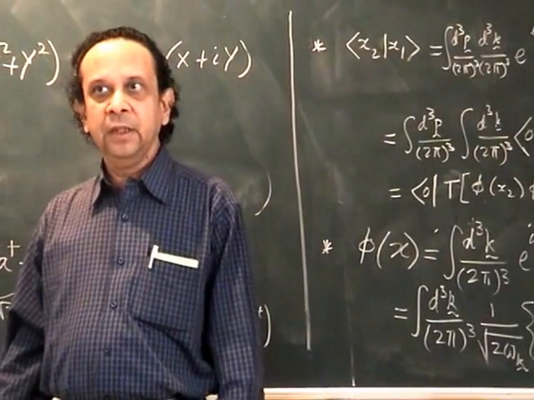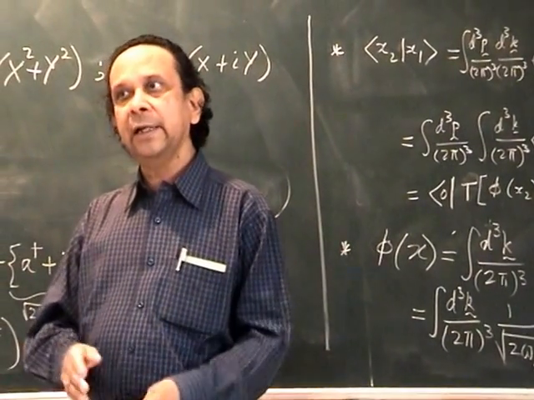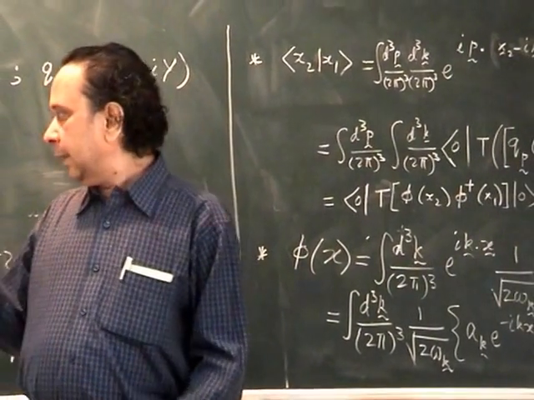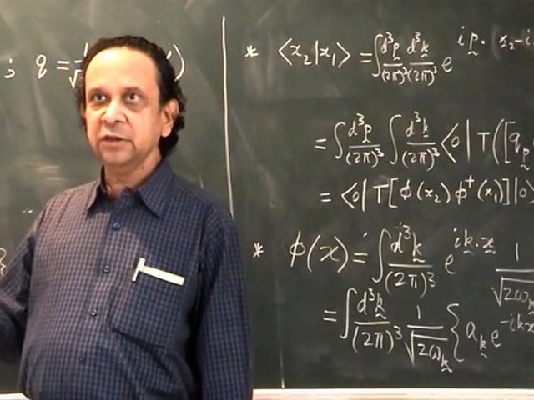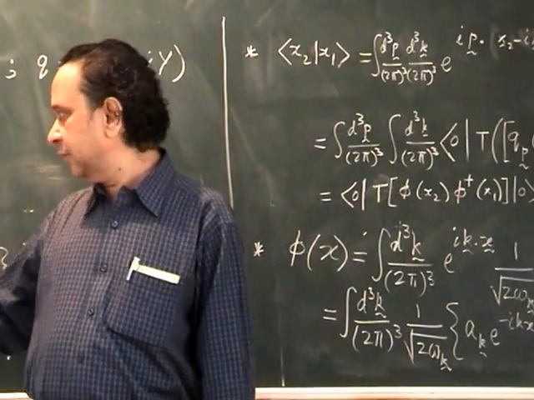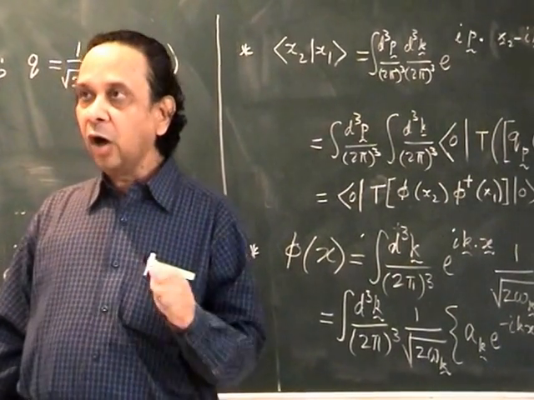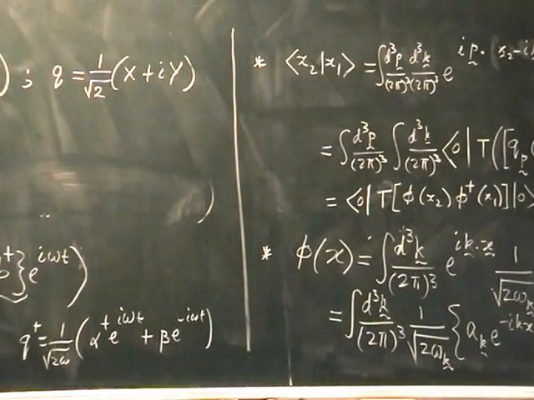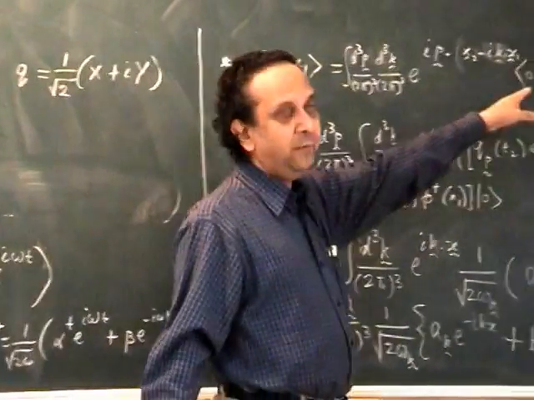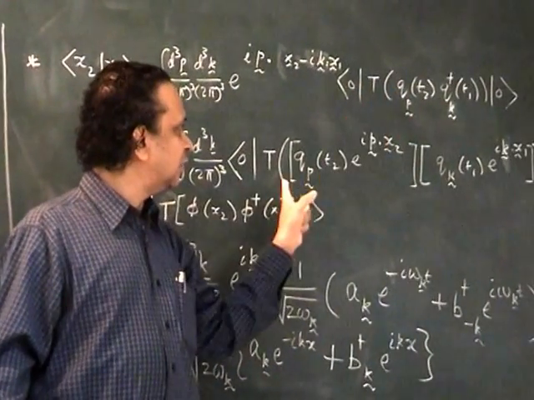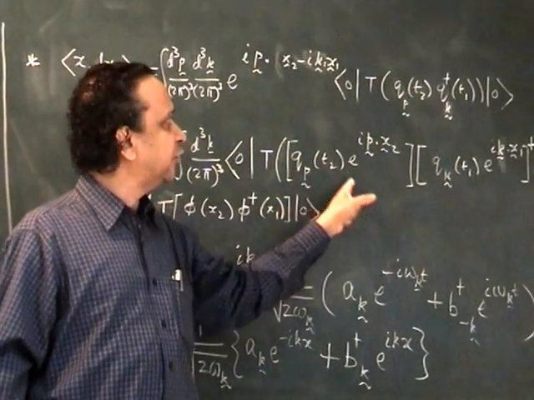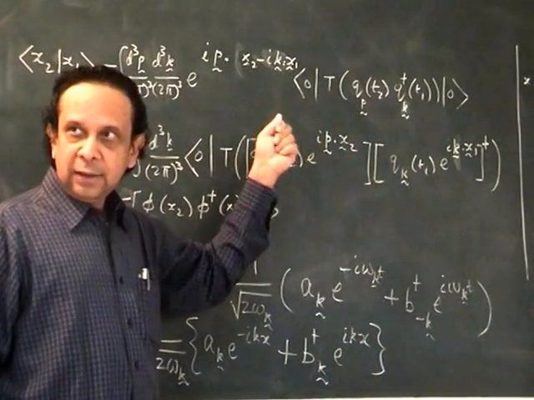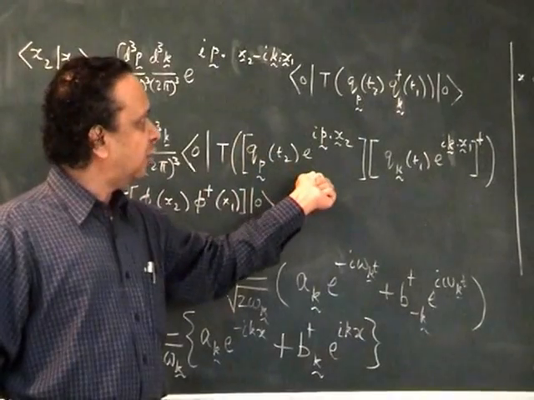Then we had the ground state of this oscillator. Then we found that when you compute the ground state expectation value of the time-ordered product of this q and q dagger, you got back the Fourier transform of x to x. That gave us a q, so we did the inverse Fourier transform. And in the inverse Fourier transform, we found that there is a natural combination q_k(t) e^{ip·x} coming up. So you took advantage of that and defined this entire combination as phi.